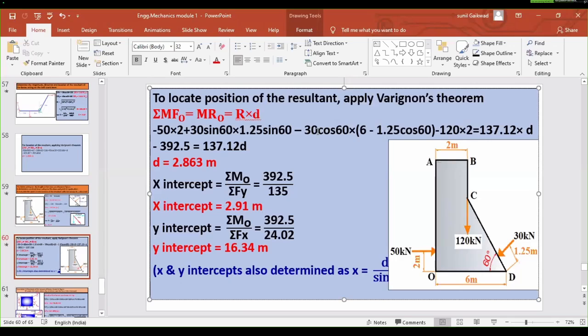This is the hypotenuse, 1.25. I want this distance from point O and this vertical component here. That's why 6 minus, हा distance मी minus केला. That is 1.25. इथे मला triangle करायचं.